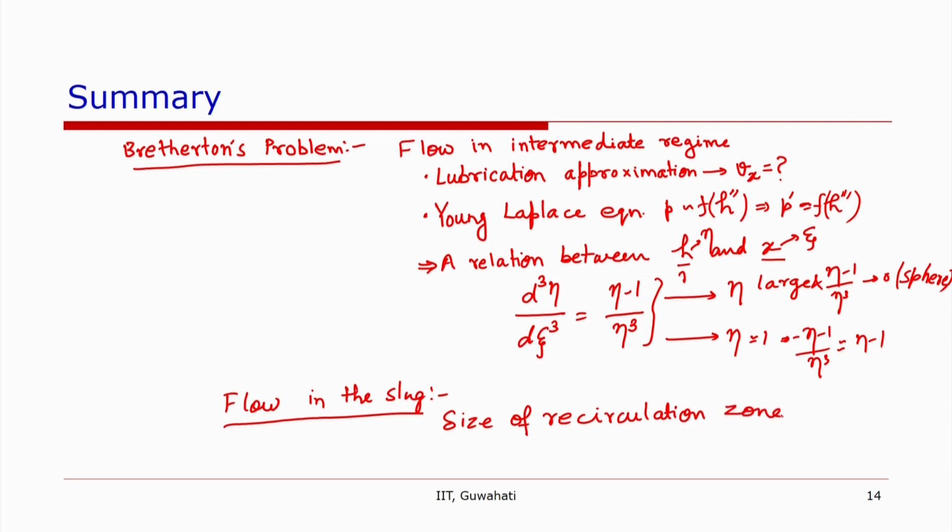From all this analysis we have got expressions for film thickness, for UB, for epsilon g or void fraction, for R1 size of the recirculation zone, and so on.